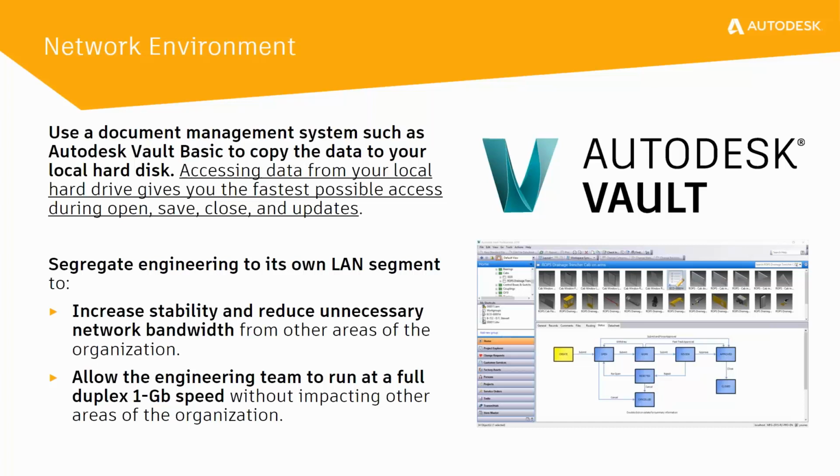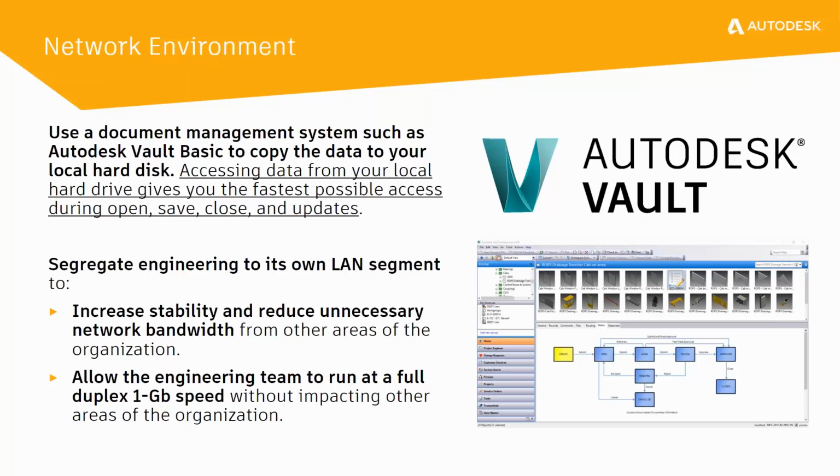And when it comes to the network environment, there are a number of things that we can highlight to help improve system performance. First, and this is arguably going to have one of the biggest impacts, especially when working across a network, is to use Vault, Autodesk Vault, whether it's Vault Basic or something as high as Vault Professional.